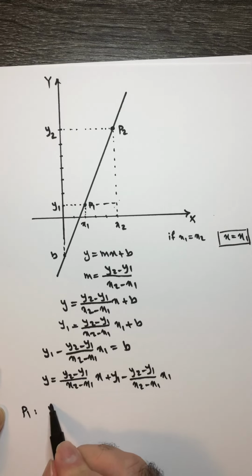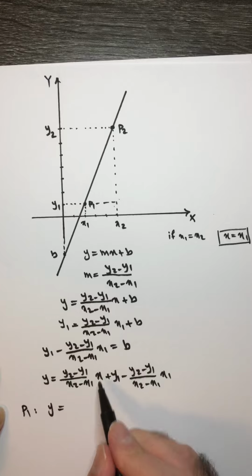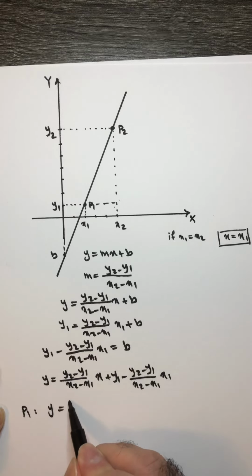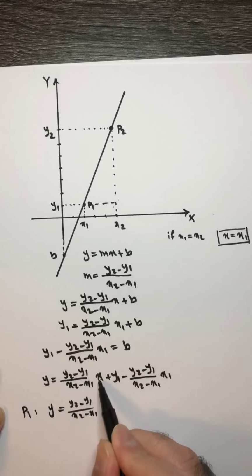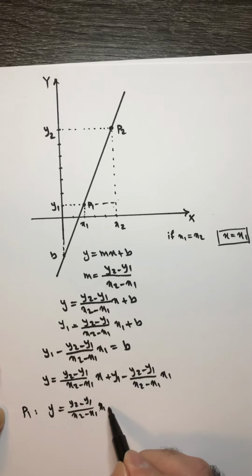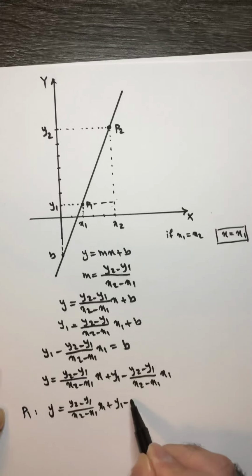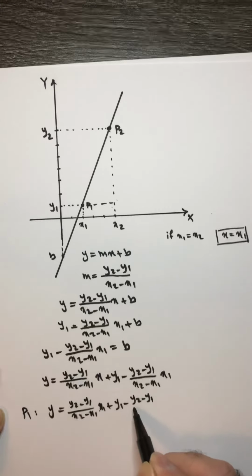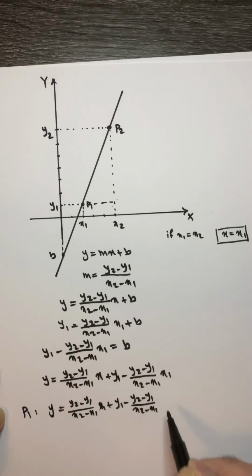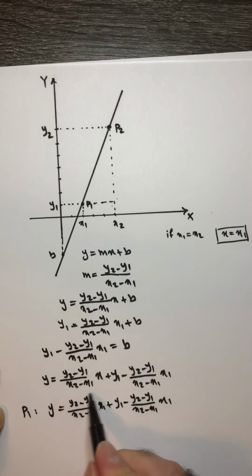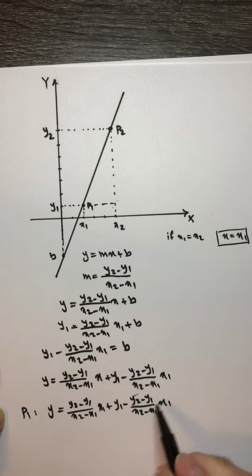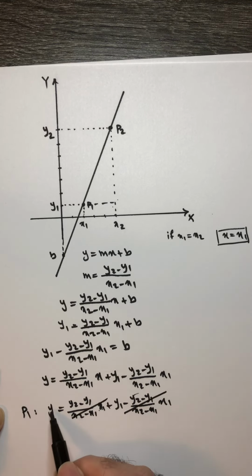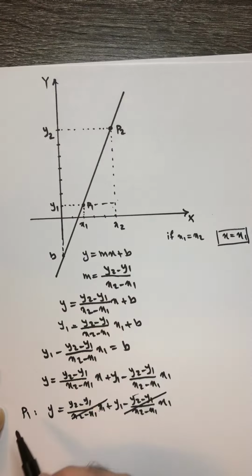So let's calculate. y equals, if we insert x1, then we have y2 minus y1 over x2 minus x1 times x1, plus y1 minus y2 minus y1 over x2 minus x1 times x1. So this term and this term are equal, except that they have different signs. So this cancels with this, and we have y equals y1. So for P1, it's checked.